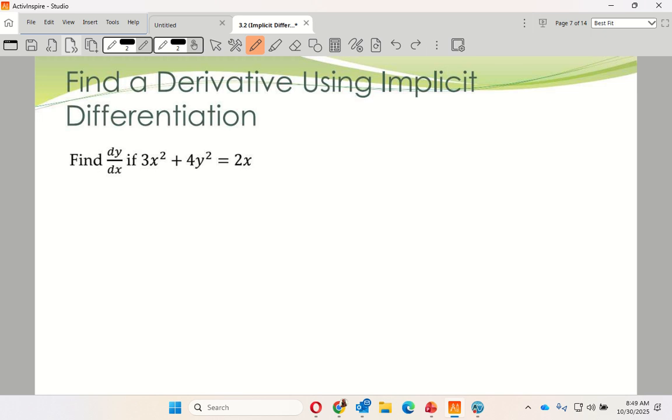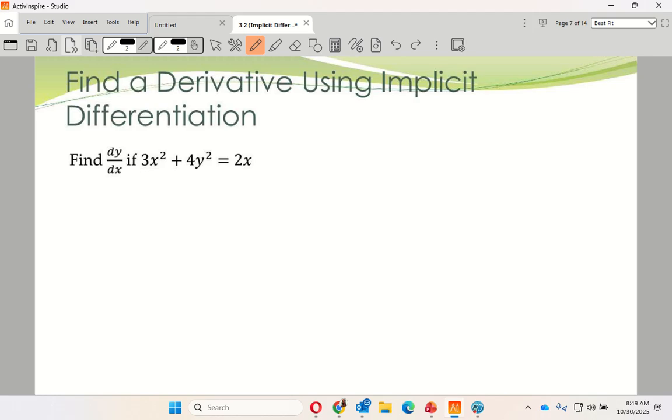Can I normally graph a circle? No. Why can we not graph a circle? It's not a function. What rule does it violate? The vertical line test. For a function to be a function, it would have to have one y for every x.